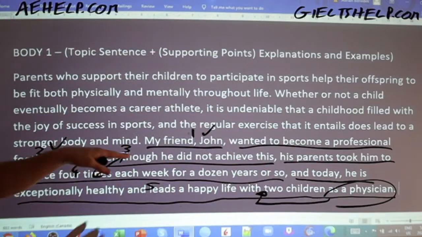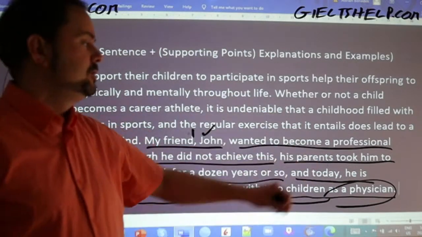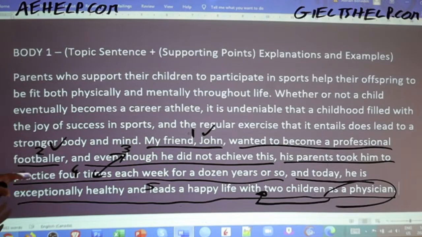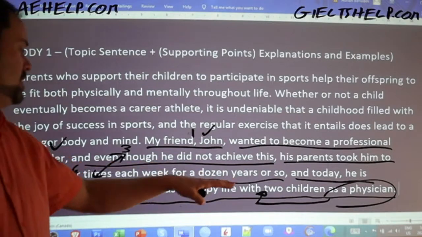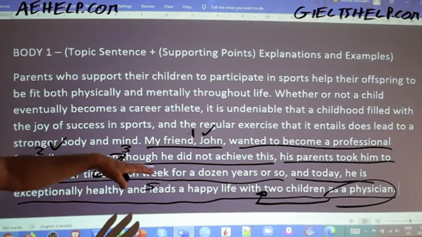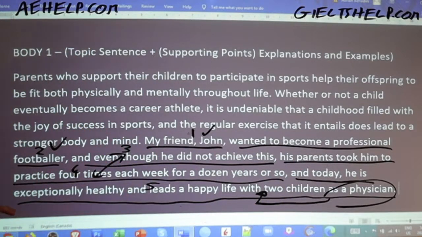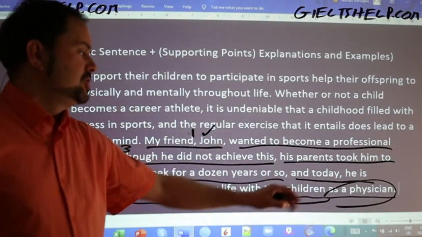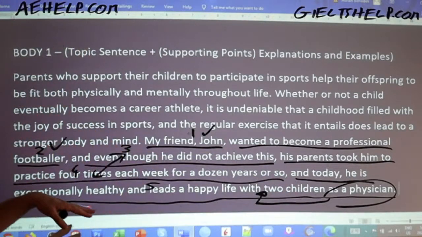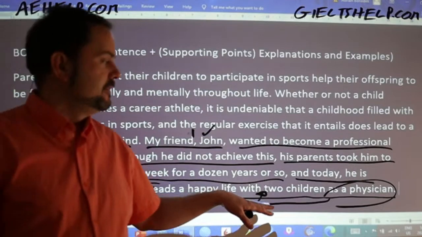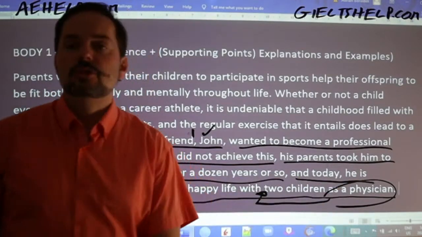So this would read better as, my friend John wanted to become a professional footballer, and he practiced 4 times each week for a dozen years or so. Even though he did not achieve this, today he is exceptionally healthy and leads a happy life as a physician with 2 children.